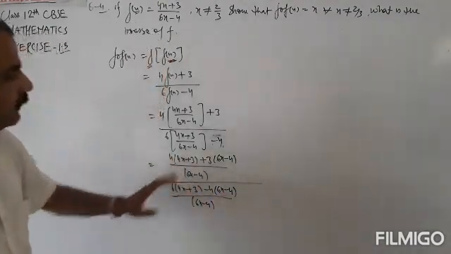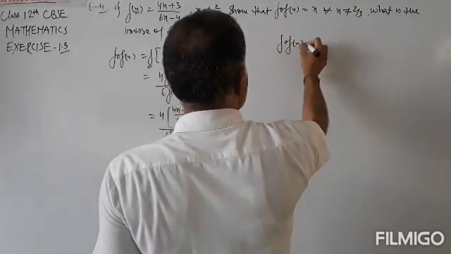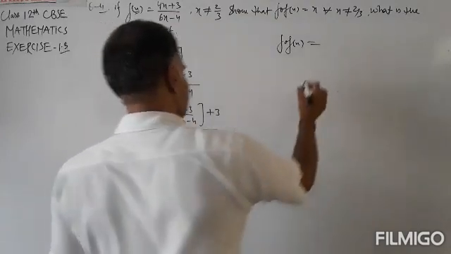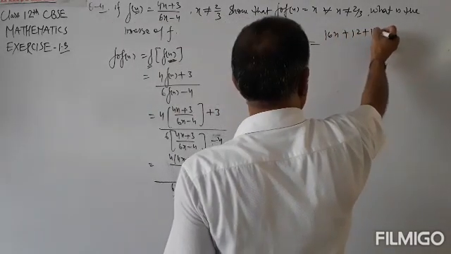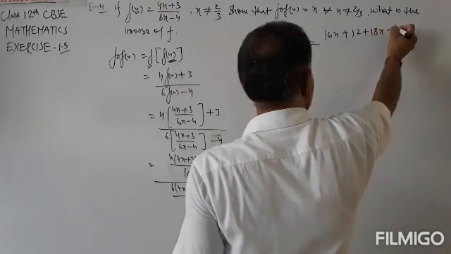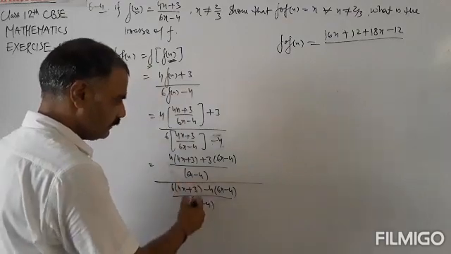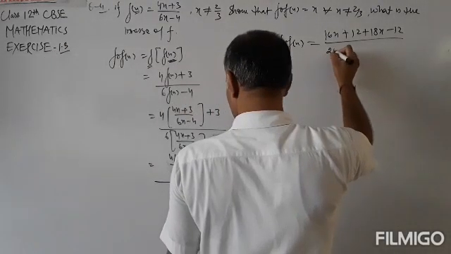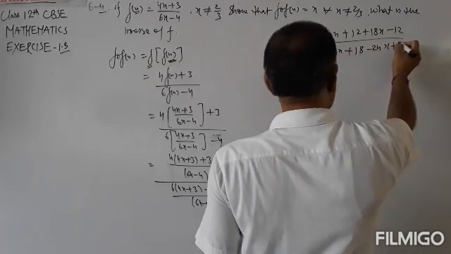Now solving this, f of f of x equals 4 times 4 is 16x plus 4 times 3 is 12 plus 3 times 6 is 18x minus 12, upon, the LCM will cancel, 6 times 4 is 24x plus 6 times 3 is 18 minus 24x plus 16.